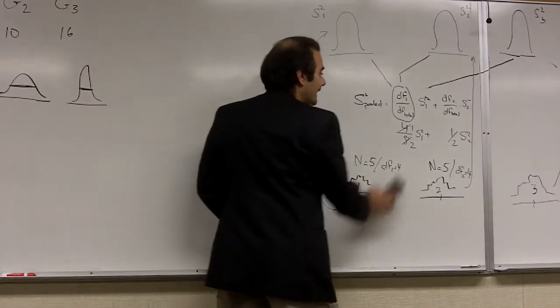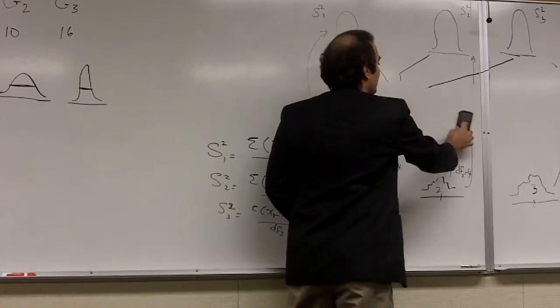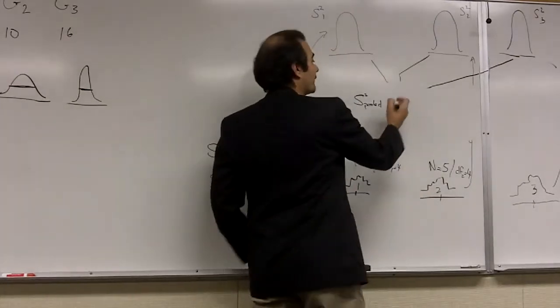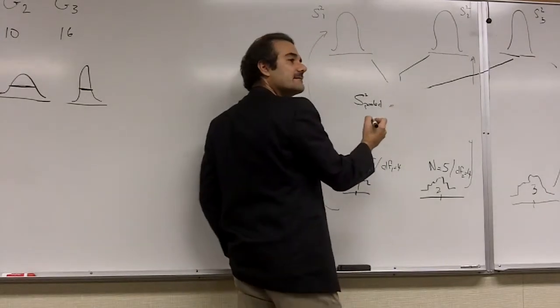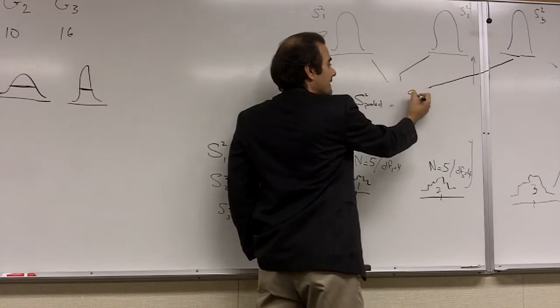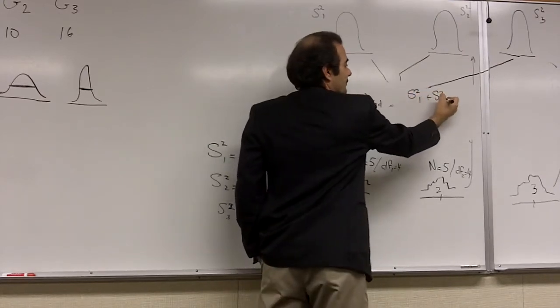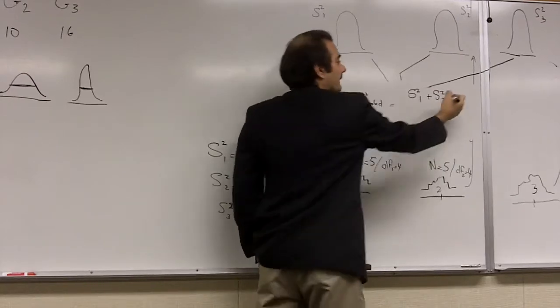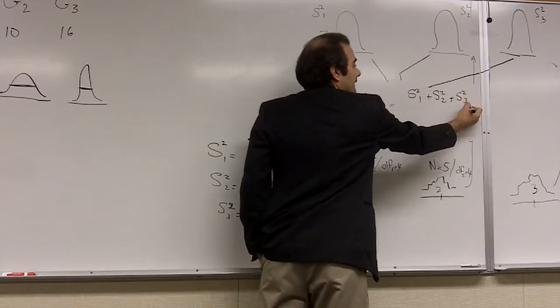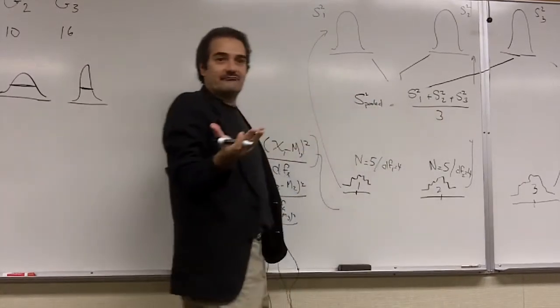Now, if your s squared pooled will simply be the average, what would be s squared pooled for the 3? Any guesses? It'll be s squared 1 plus s squared 2 plus s squared 3 divided by 3. Exactly. Average.